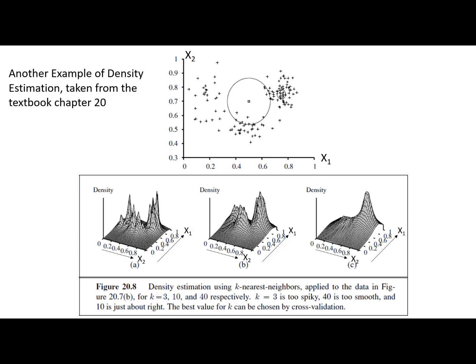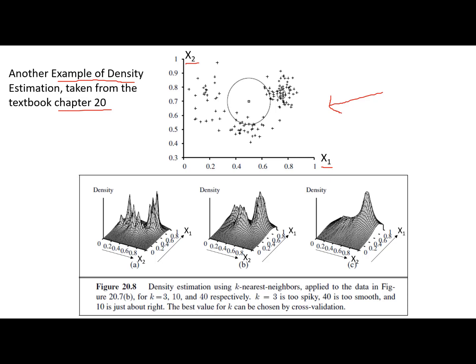How will the estimated density function actually look if we try to visualize it? Let's take an example from the textbook chapter 20. The data points again have two components, x1 and x2, and the way they are distributed is shown here in this graph.